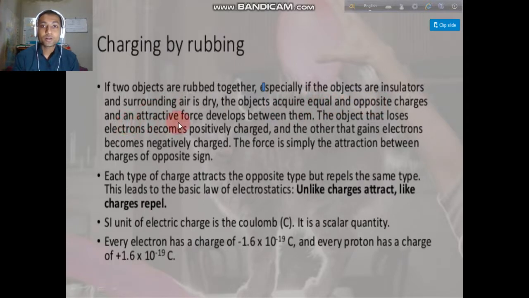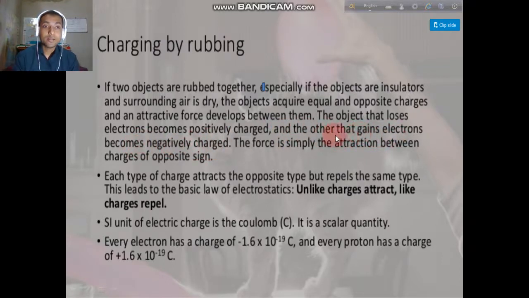An attractive force develops between them, because we know that opposite charges attract each other. The object that loses electrons becomes positively charged, and the other that gains electrons becomes negatively charged.